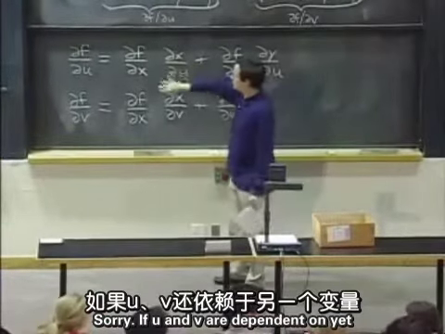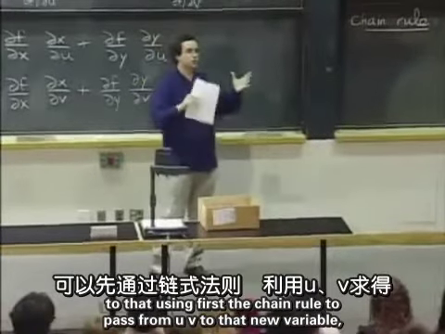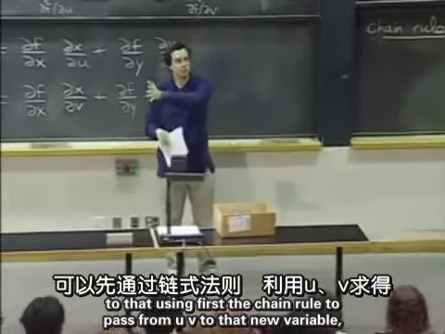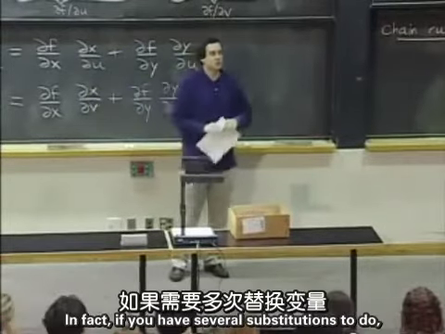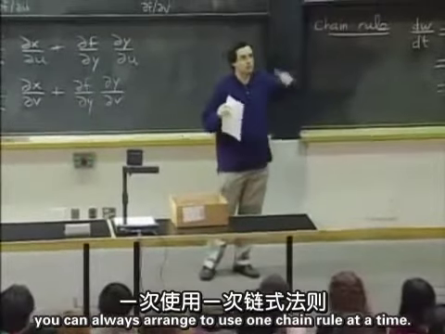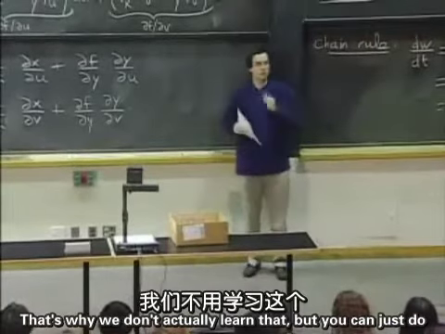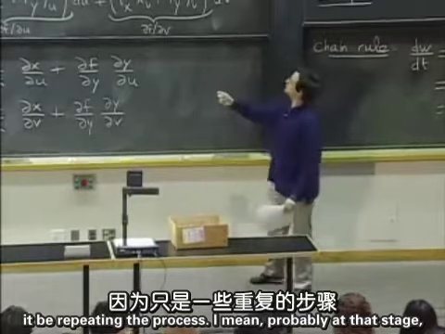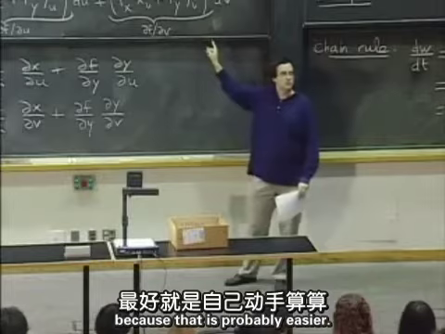So if u and v depended on yet another variable, then you could get the derivative with respect to that using first the chain rule to pass from u, v to that new variable, and then you would plug in these formulas for the partials of f with respect to u and v. So in fact, if you have several substitutions to do, you can always arrange to use one chain rule at a time. You just have to do them in sequence. So that's why we don't actually learn that, but you can just do it by repeating the process. I mean, probably at that stage, the easiest way to not get confused is to manipulate differentials, because that's probably easier.